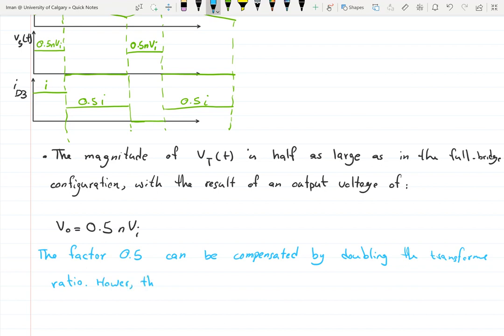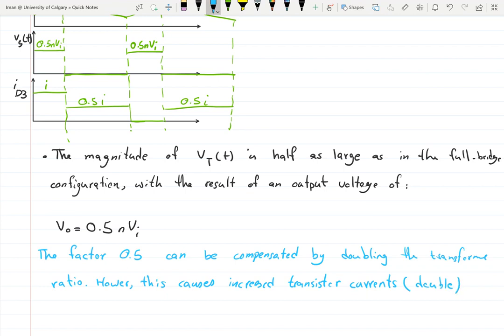However, this causes increased transistor currents, basically double the transistor current.